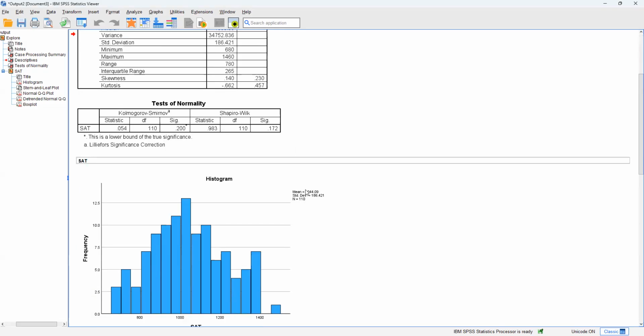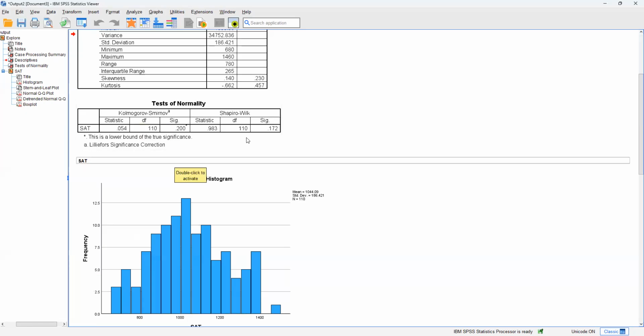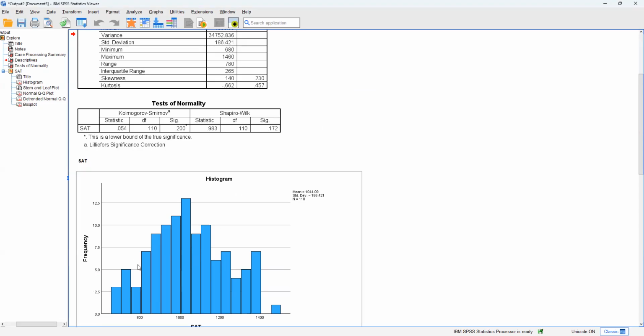There is a formal test of normality, however, and that's referred to as the Kolmogorov-Smirnov test. There are a few statistics out there that do this. Shapiro-Wilk is another one. The one I like to use is the Kolmogorov-Smirnov, or the KS test. It tests whether the observed distribution, graphed down here in the histogram, departs significantly from a normal distribution.